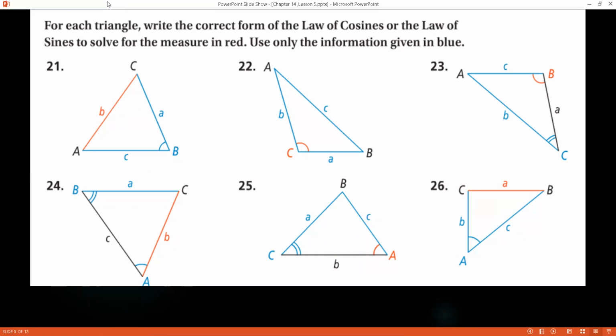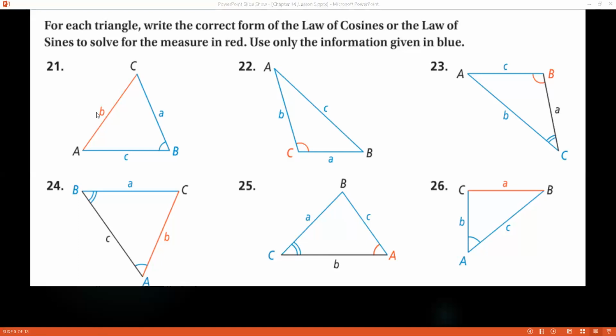Number 21: you have the lengths of sides a and c, and the angle between them, and you want to find the length of side b. Which law do you have to use? Law of sine or law of cosine? Cosine. Law of cosine, bravo.